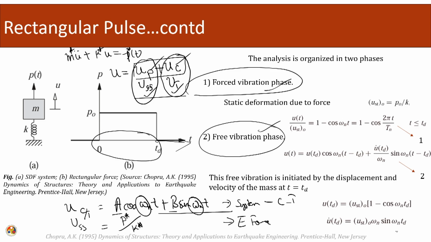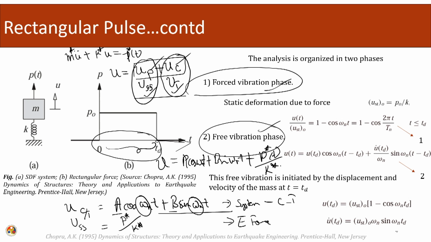For this particular case, in the phase where the forcing function is acting, the total response is the sum of these two: A cos omega n t plus B sin omega n t plus P star, the time dependent part, divided by K star.